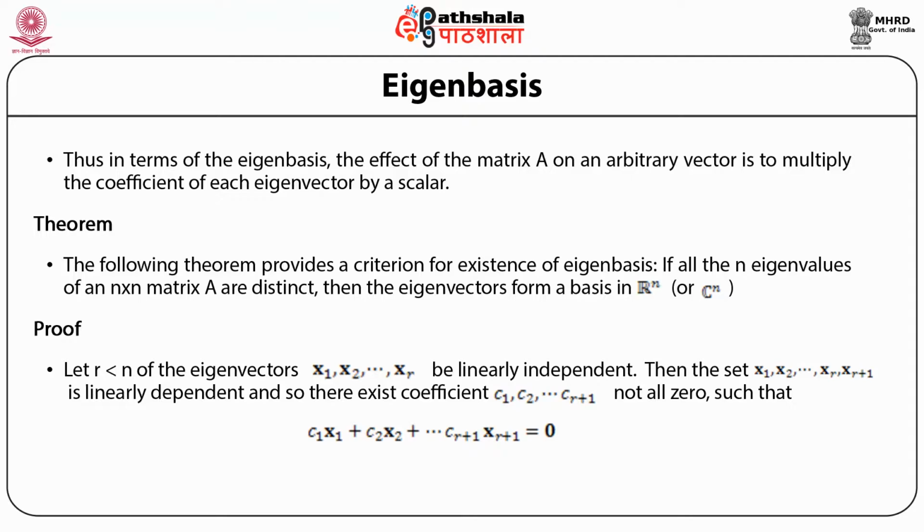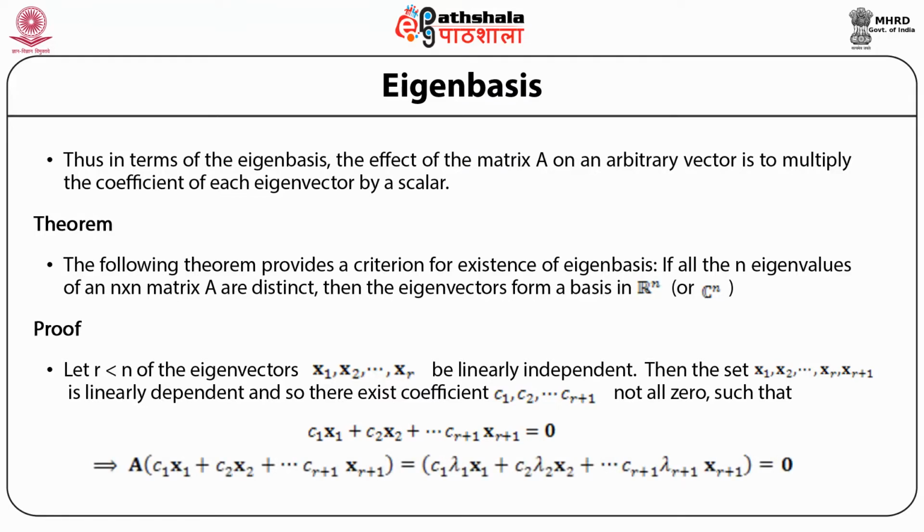This implies matrix A into c1 times eigenvector x1 plus c2 times eigenvector x2 plus so on till cr plus 1 into eigenvector xr plus 1 is equal to c1 times eigenvalue lambda 1 into vector x1 plus c2 lambda 2 x2 plus so on till cr plus 1 lambda r plus 1 into xr plus 1.